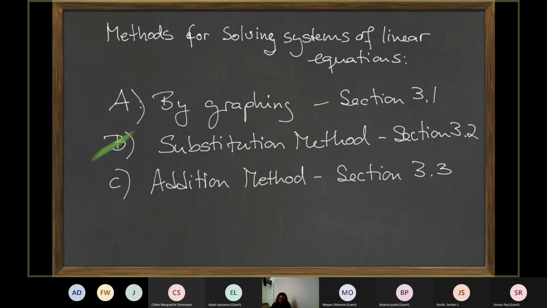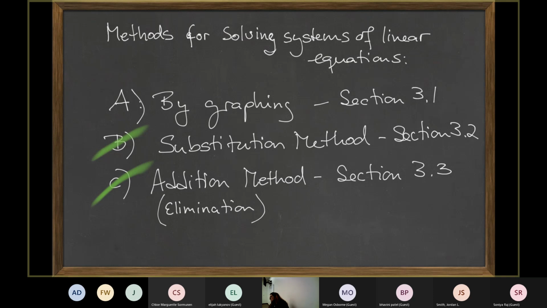So B and C are the algebraic methods, which are really the exact methods. Graphing, depending on how thick your lines are, and if you move over just one little bit, is not very accurate. So graphing is not the most accurate method, but we're going to graph a couple of them. And then substitution, addition. Another word for addition is elimination, the elimination method, depending on what book you have.